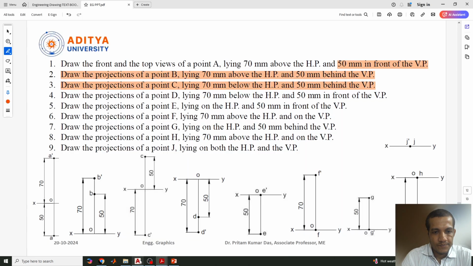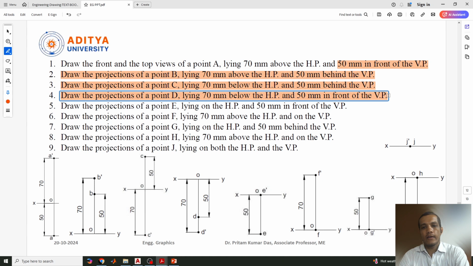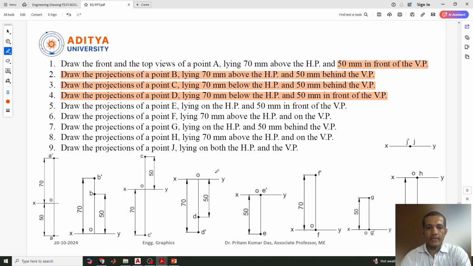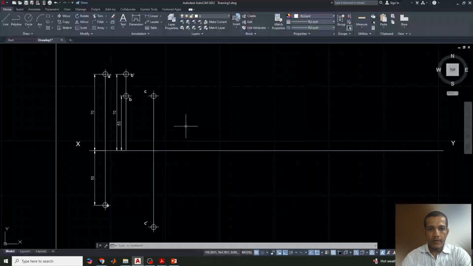Next, draw the projection of D lying 70 mm below HP and 50 mm in front of VP. In front and below means it will be in the fourth quadrant. In the fourth quadrant, both points will be below the XY line. So 70 and 50, it will be the reverse of the second quadrant. Very simple to remember.